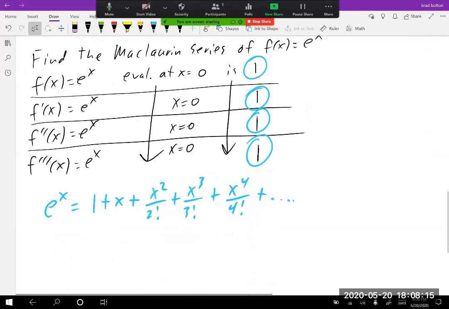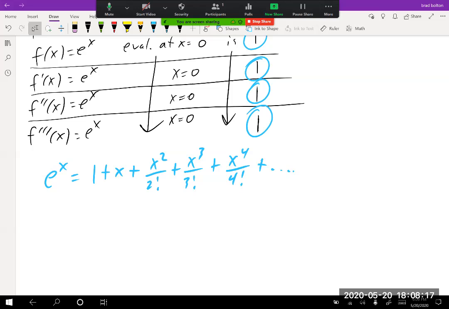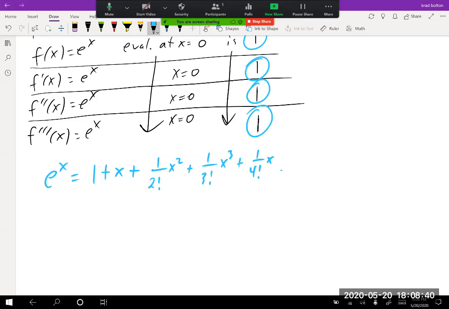So notice these are all ones on top. Or I could write it as 1 over 2 factorial x squared plus 1 over 3 factorial x cubed plus 1 over 4 factorial x to the 4th, and so on and so on and so on, okay?